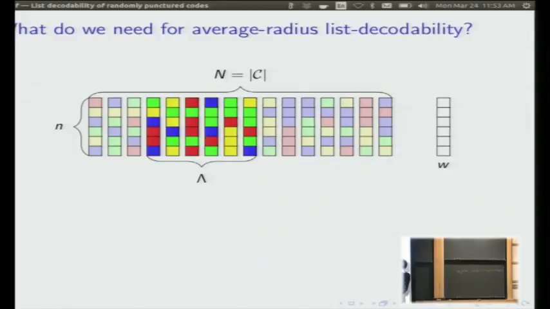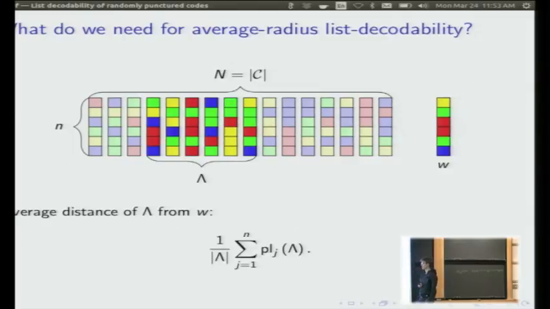I want to find the received word W that would be the worst possible for Bob, that agrees the most on average with this set. What do I put in the first symbol? Either yellow or green, so I'll put yellow. What do I put in the second symbol? Clearly green, and so on. I can find this by taking the element-wise majority. Now average radius list decodability means that the average agreement between this word I just created and this set is not too big.